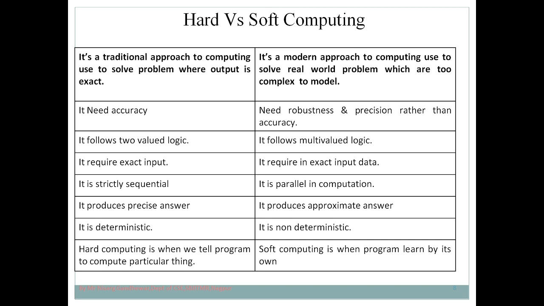As I discussed yesterday, there are three constituent elements of soft computing: artificial neural networks, genetic algorithms, and fuzzy logic. The artificial neural network is based on the concept of the human brain, in which n number of neurons work in parallel to process information and then take an appropriate decision.